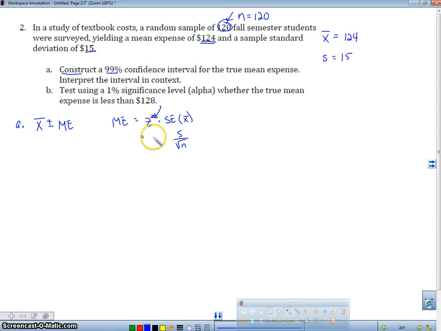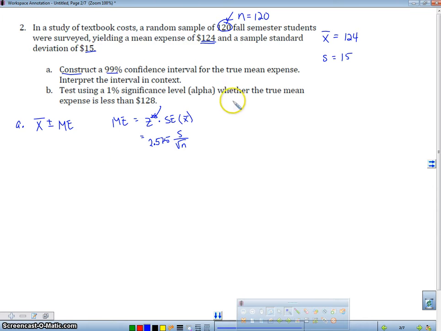And our z star for 99% confidence is going to be 2.575. So I'm going to write that z star. Okay, so let's do this all together.